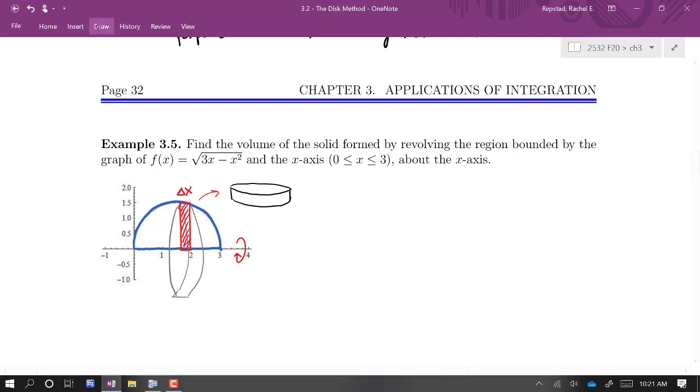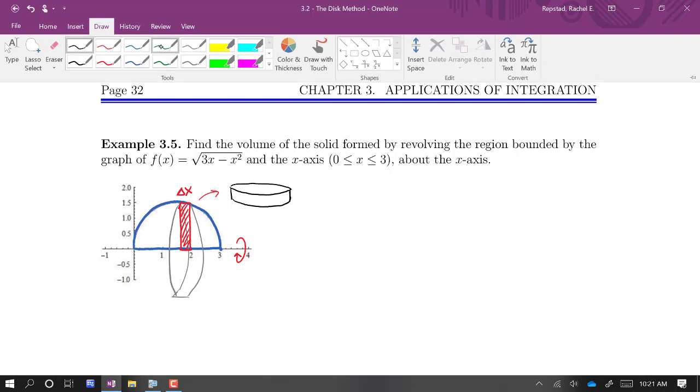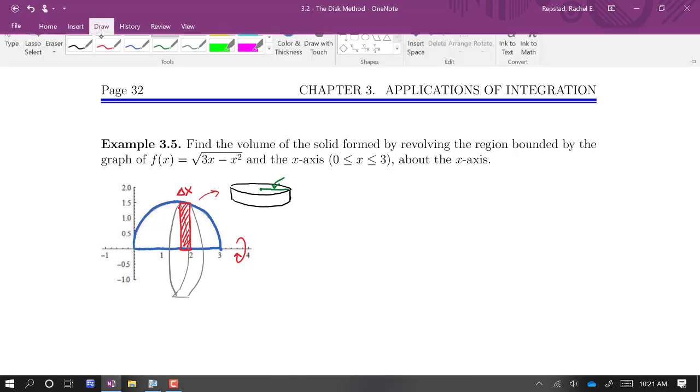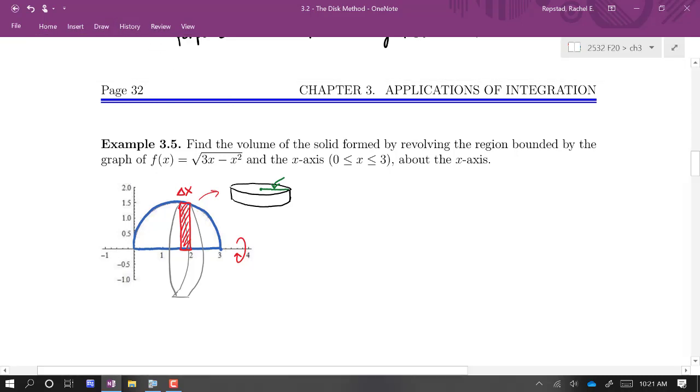I don't know why. I think it just makes it easier for me to pick out the dimensions, the radius and height that I need. But the radius here is given by this length of that rectangle, and that top minus bottom is the function f of x minus 0. So the radius is our function, the square root of 3x minus x squared.